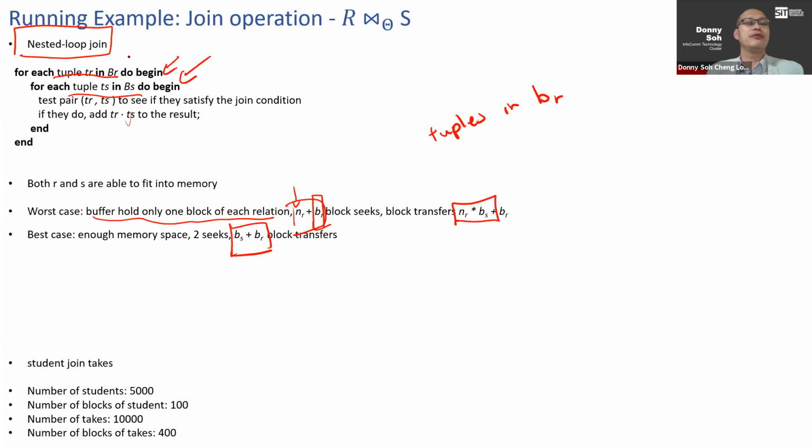So every time I do the beginning of the loop, I need to do one disk access, and the number of times that happens is BR, because that is the number of times I'm doing the access.